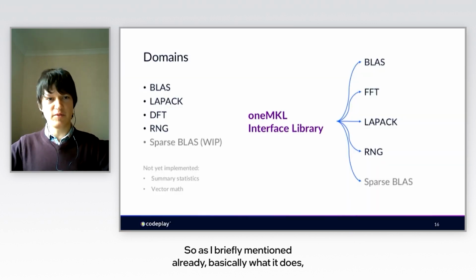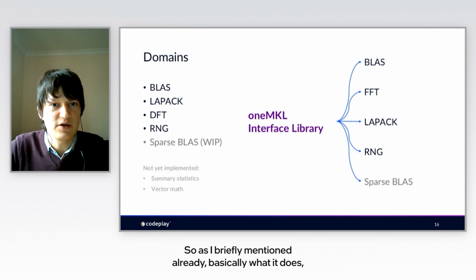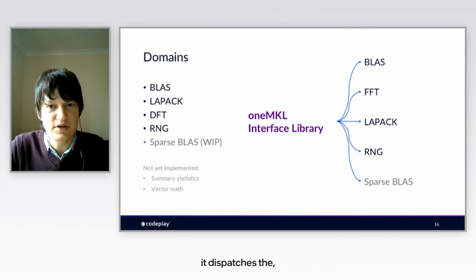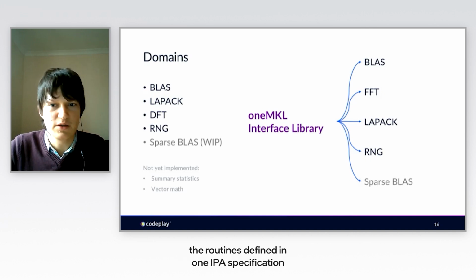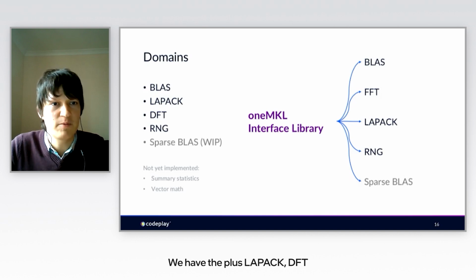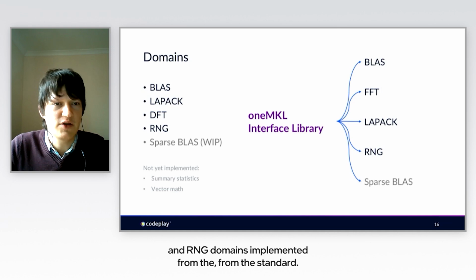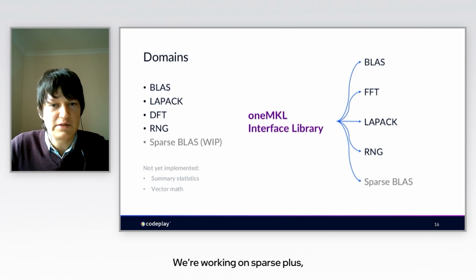As I briefly mentioned already, what it does is dispatch the routines defined in the oneAPI specification to different backends. We have the BLAS, LAPACK, DFT, and RNG domains implemented from the standard. We're working on sparse BLAS. I think it's already working for some backends, I'm not sure if all of them.